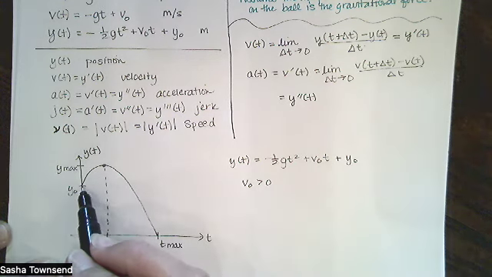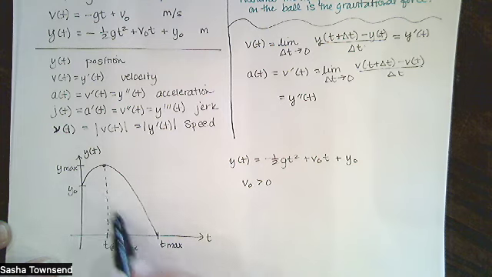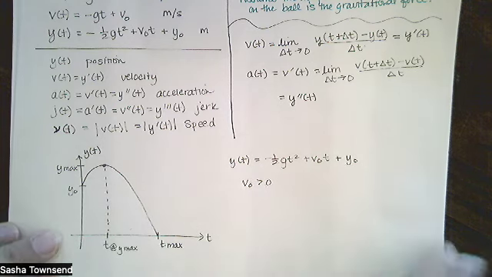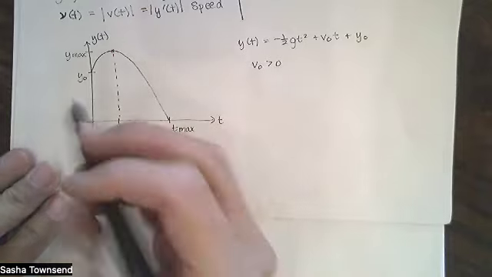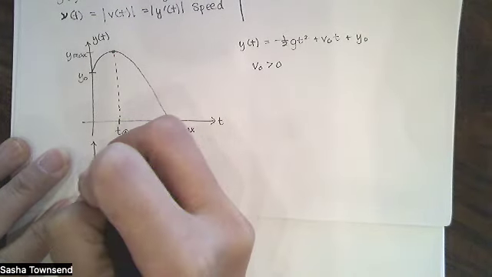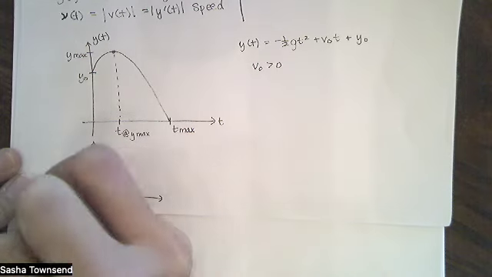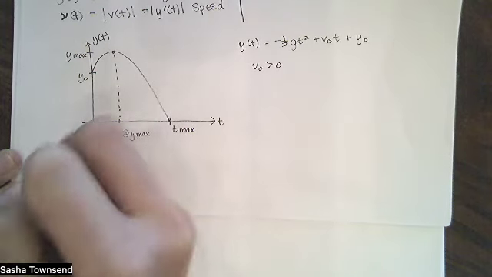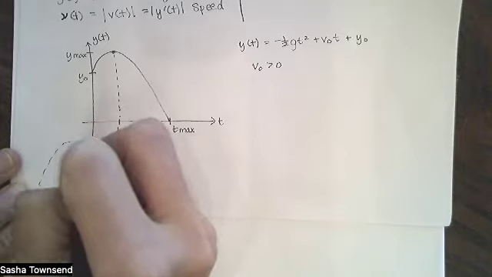And if velocity is 0, then the vertex would just be right here where we're starting. So let's say that's what it looks like for velocity positive. If velocity is negative, it looks like this. And the rest of the parabola is somewhere over here.